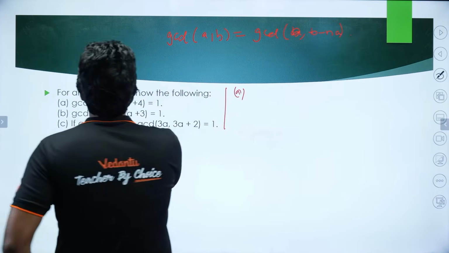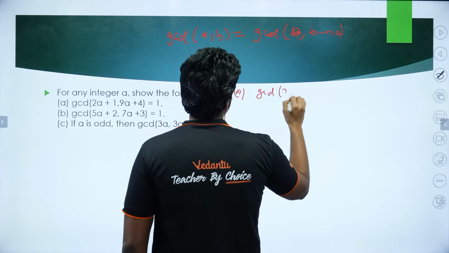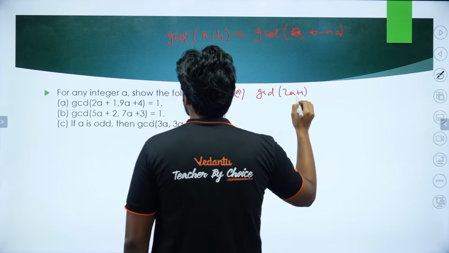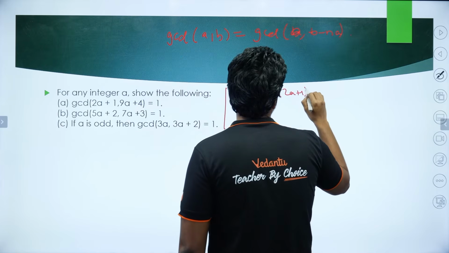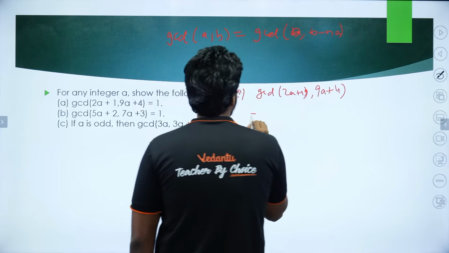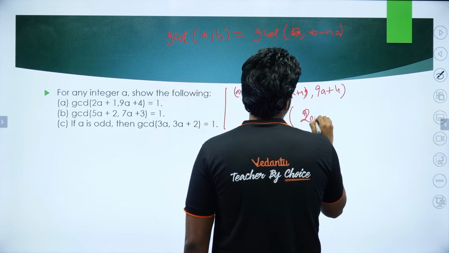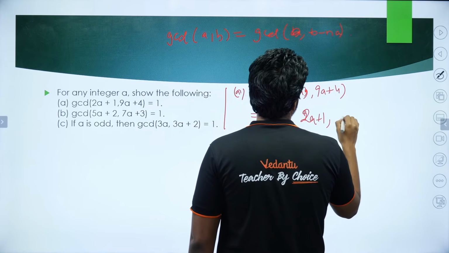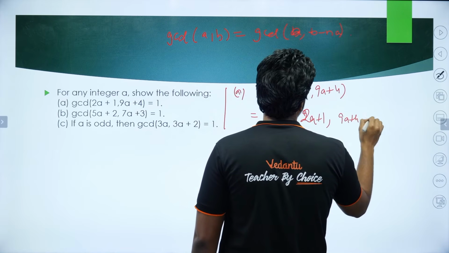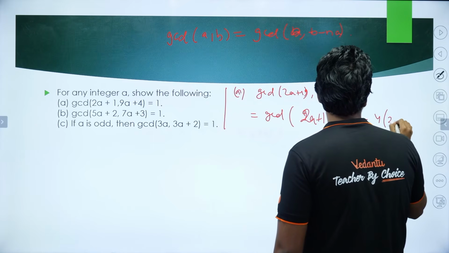So GCD of 2a plus 1 comma 9a plus 4 should be equal to GCD of 2a plus 1 comma 9a plus 4 minus 4 into 2a plus 1.